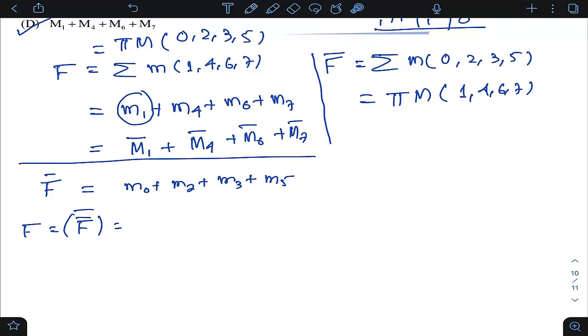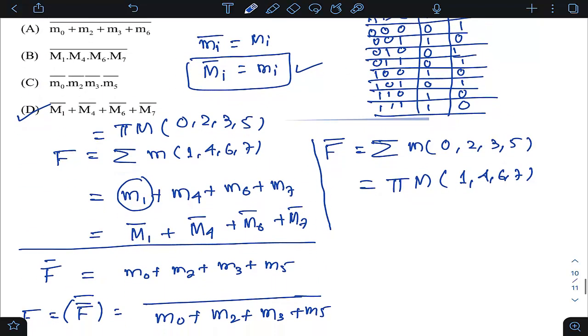So you have f bar as this quantity. If you take its complement, it will be the complement of min term 0 plus min term 2 plus min term 3 plus min term 5. You see that the complement of min terms 0, 2, 3, 5 is given in option A. So A is also representing the equivalent information.